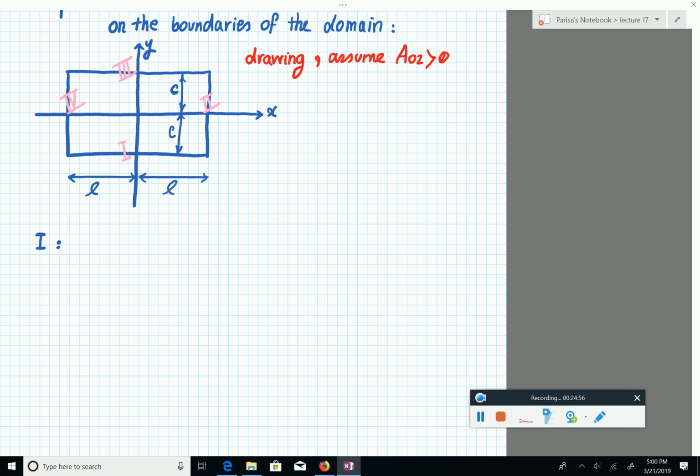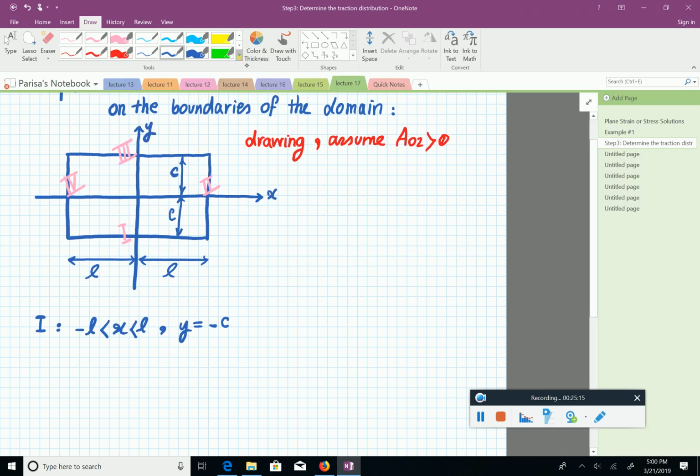So boundary 1, how do you represent it? Here x is between negative L and L, y is minus c, and remember this is normal to the boundary, so it can be anywhere.